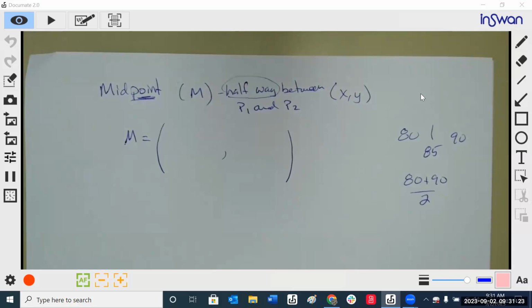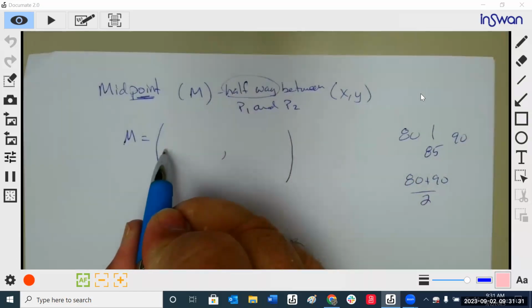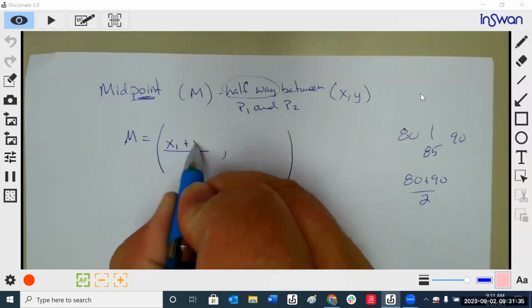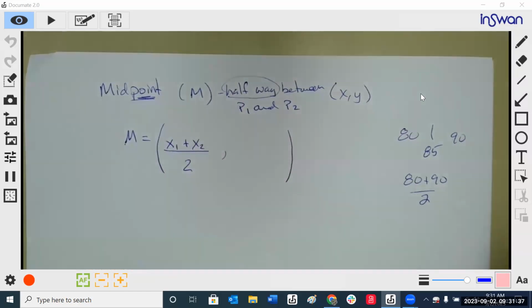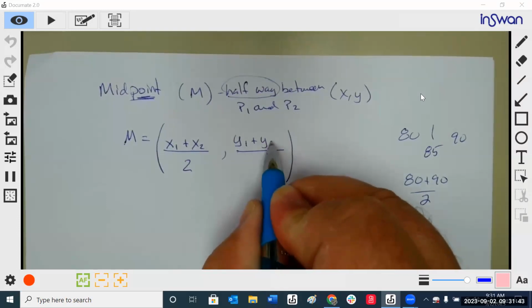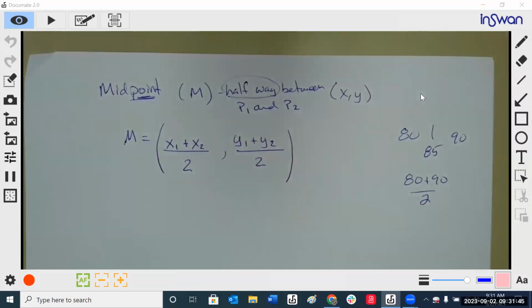If we only had 2 tests, you would take the two test grades and divide by 2, which is the midpoint of the 2 points. So for our x values, we add x1 plus x2 divided by 2. And then for the y values, y1 plus y2 divided by 2. And there's your formula for the midpoint.